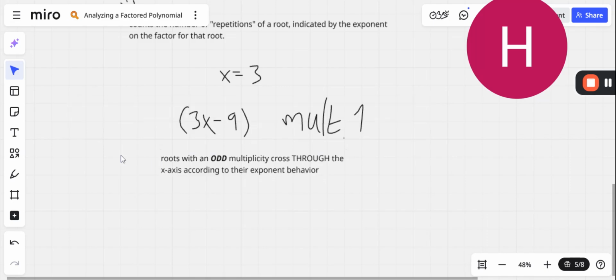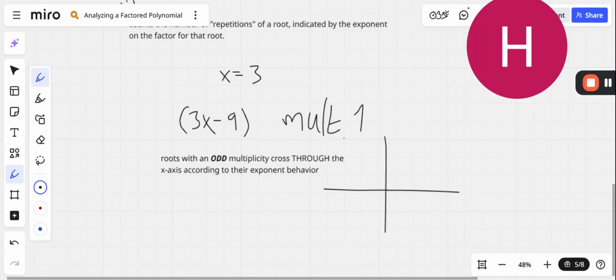So because the multiplicity is 1, this is going to act like a linear factor that goes through the x-axis. So at x equals 3, I know that it's either going through upwards or it's going through downwards, but it's going through the x-axis there.